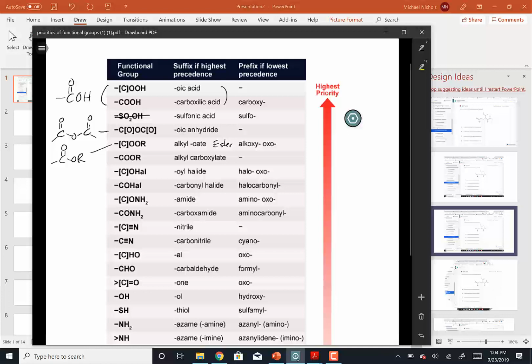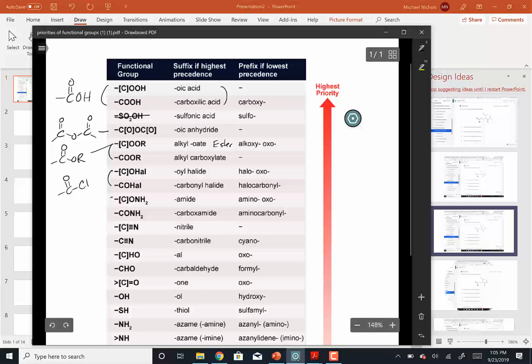So then with the brackets, I'll get to what the brackets mean in a minute, because they don't describe what the brackets mean or don't mean in the book as far as I can tell. So let's go down the list and I'll come back to whether it's got a bracket or not. These two are esters. These two are what are called carboxylic acid chlorides, which we're not going to do much with right now.